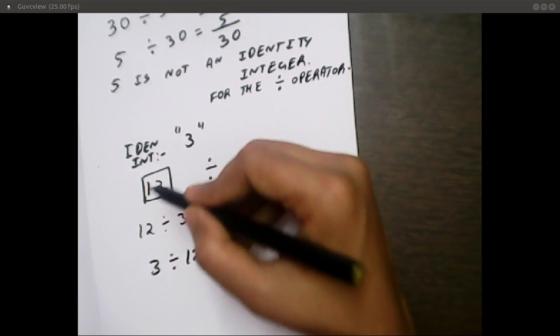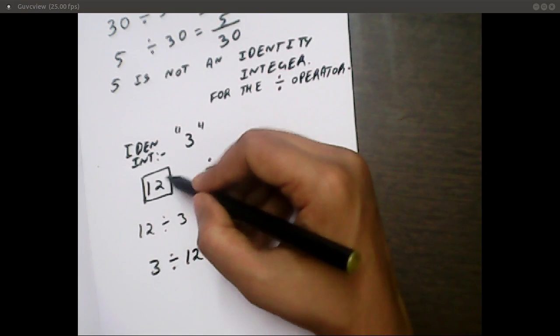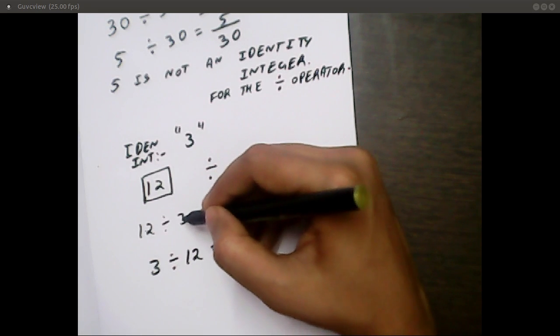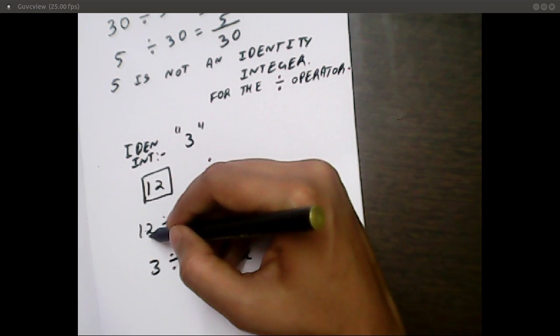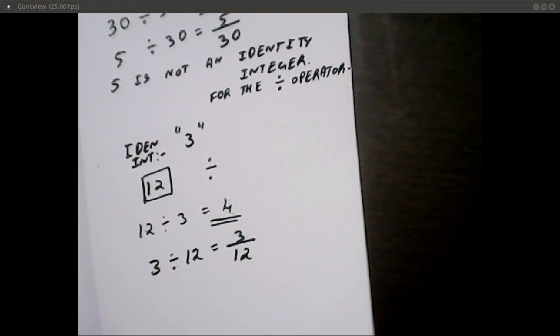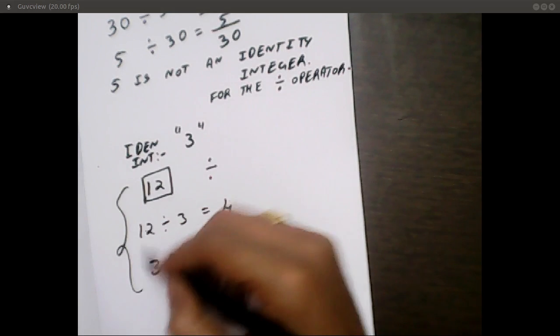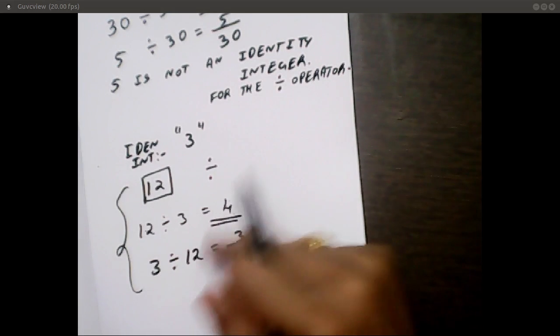Right? The condition in the case of identity is that the division of 12 by this identity number must be equal to 12 itself. No matter what number you pick as the identity integer, that number will never satisfy these equations for the division operator.